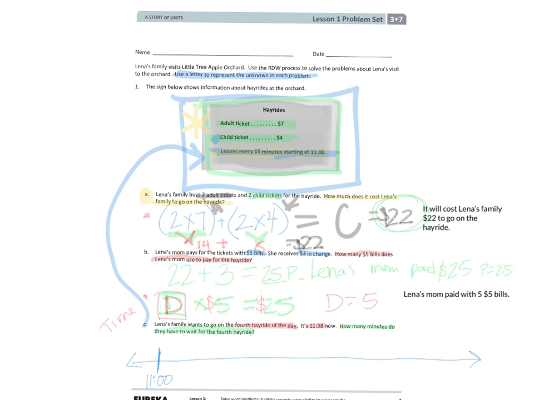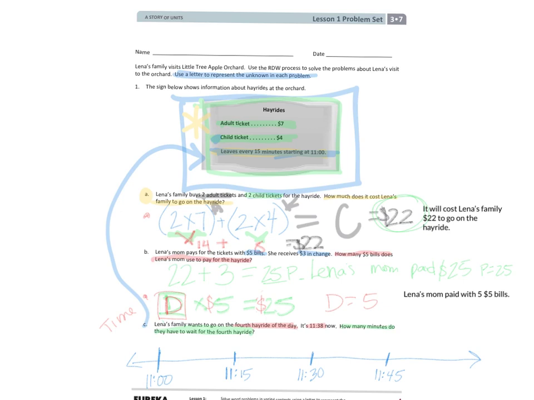So 11 o'clock plus 15 minutes: we'll do 11:15. Another 15 minutes makes it 11:30. Another 15 minutes would be 11:45.